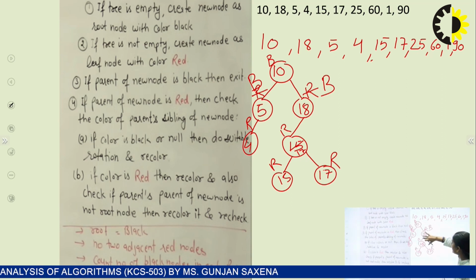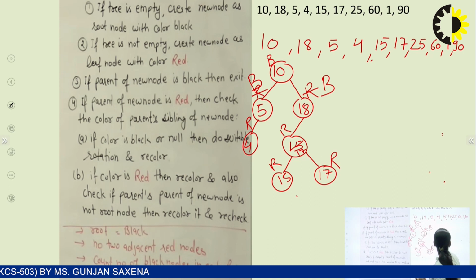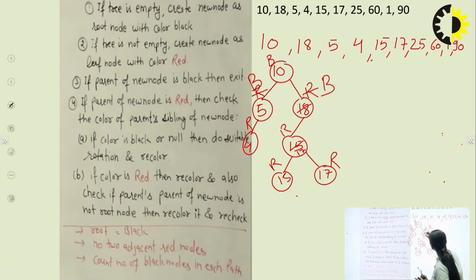The 17 becomes the root. So this is the 17 and it becomes the root, and 15 is the left child and 18 becomes the right child.